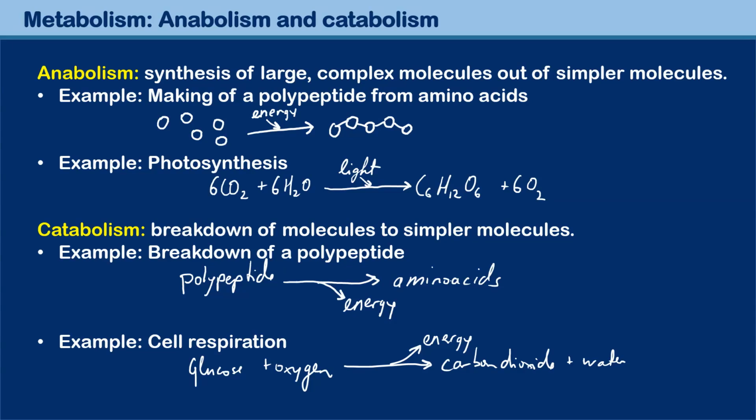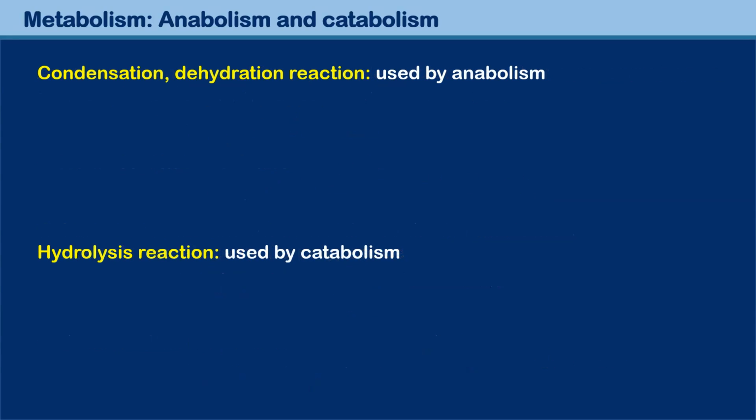Now, in the second slide over here, I'm just going to link anabolism and catabolism together with condensation and dehydration reactions. Basically what this means is that when two molecules are joined together, a molecule of water is formed. So if I have, for example, two amino acids, amino acid 1 and a second amino acid over here, and I make a dipeptide, when I join these two amino acids together, a bond is formed, and also water is produced in the process.